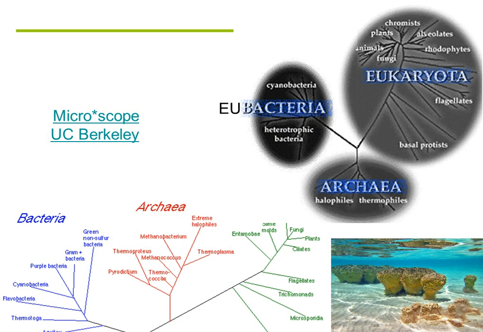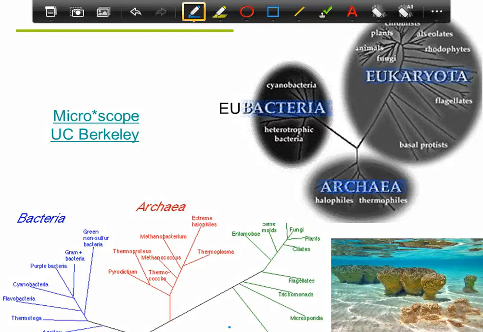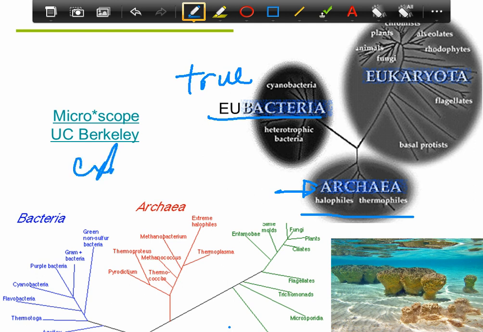So here's a look at domains. You're familiar with kingdom, maybe not so much with domains. Domains are now the biggest categories of organisms, include not just microorganisms, but all organisms. So these are bigger categories than kingdoms. The three domains are the eubacteria, that is true bacteria, like E. coli, staph, the ones you know. The archaea bacteria, which are what are sometimes called extremophiles. We'll talk a little bit more about them.